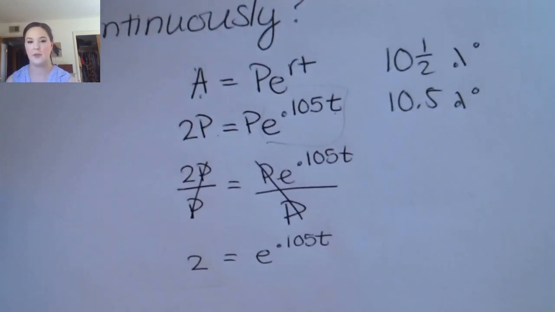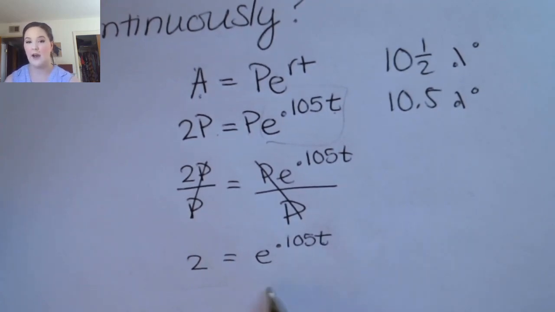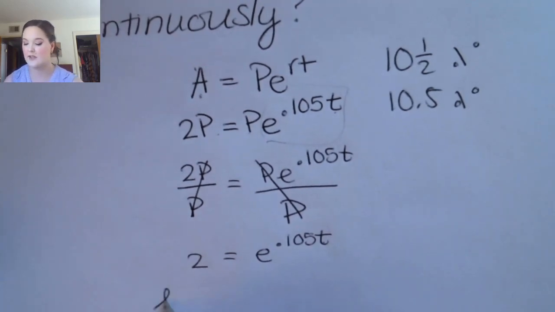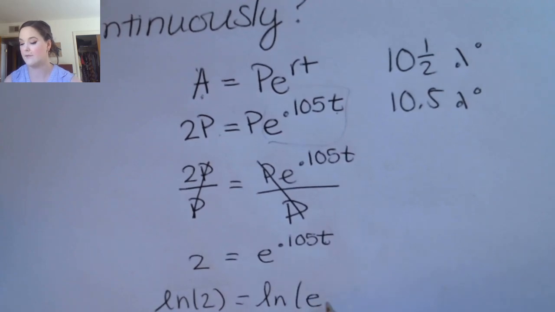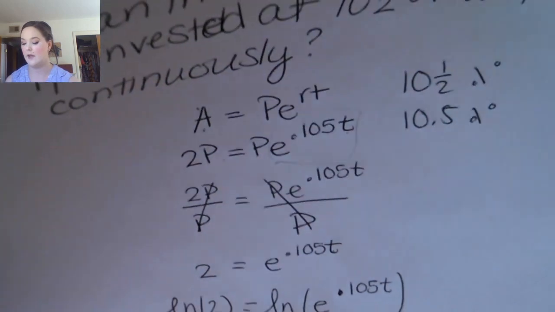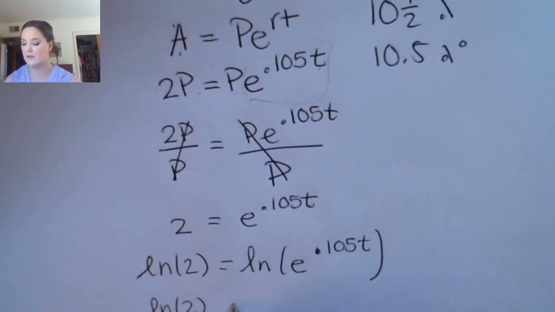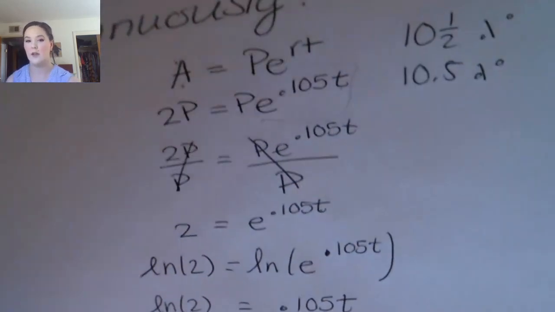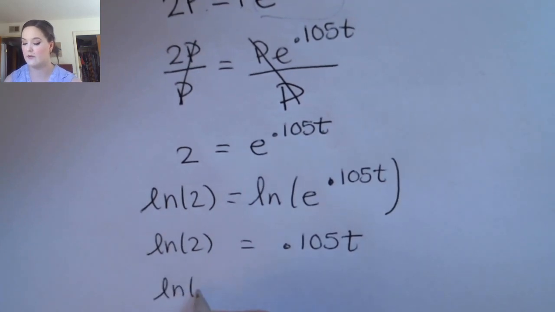Okay. All right. Now I'm going to try to isolate t, right? I have my exponential equation. I can't use equating exponents, so I'm going to take the natural log of both sides. Okay. This is going to let me simplify. Okay. And then I'm going to divide both sides by 0.105.